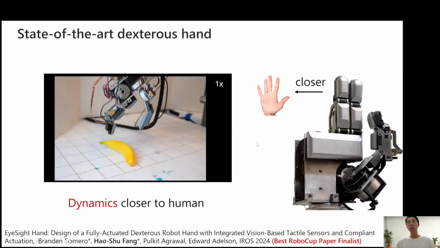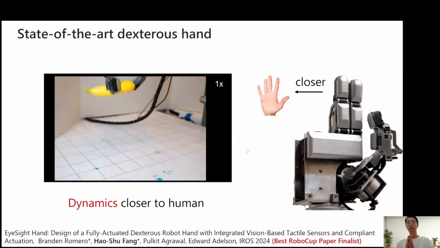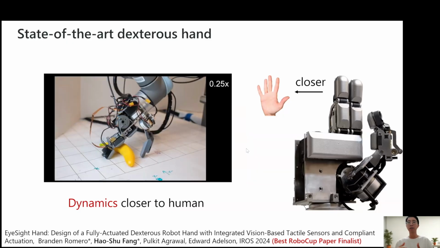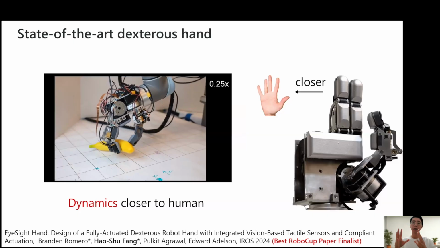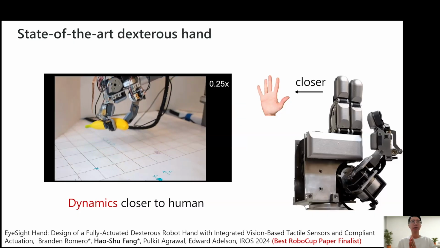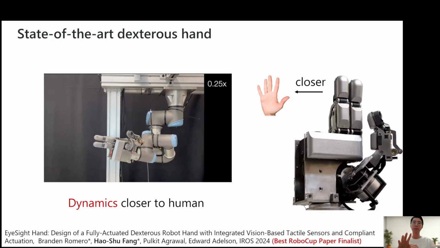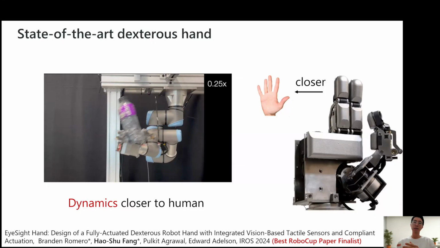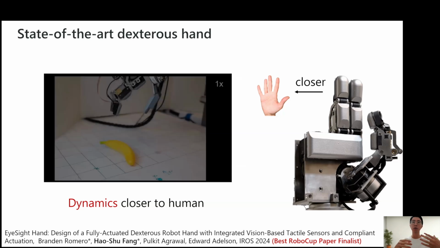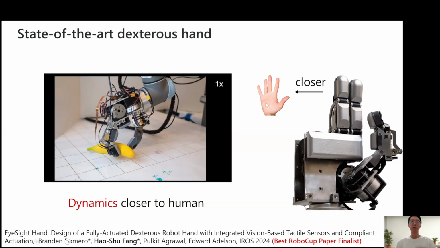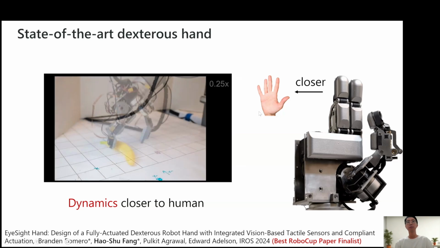The second thing is we try to make the dynamics of the robot hand closer to that of the human's hand. We incorporate proprioceptive actuators so that the robot can be very compliant when it's interacting with the environment, and the robot can also move pretty fast, like to catch a flying bottle.